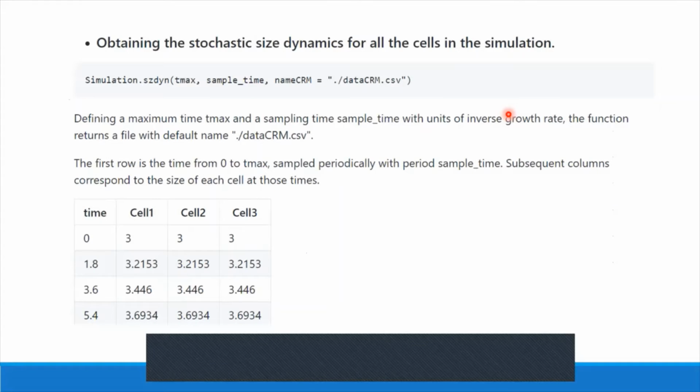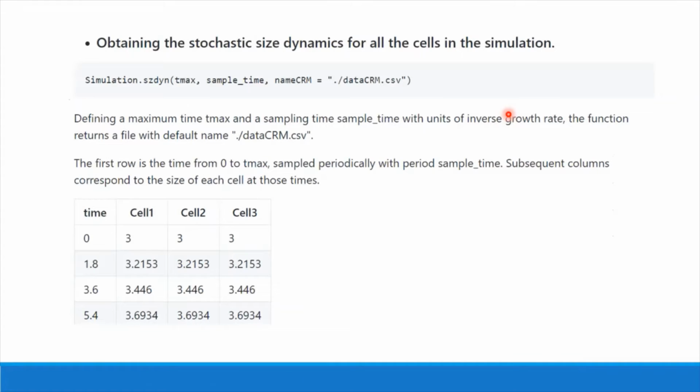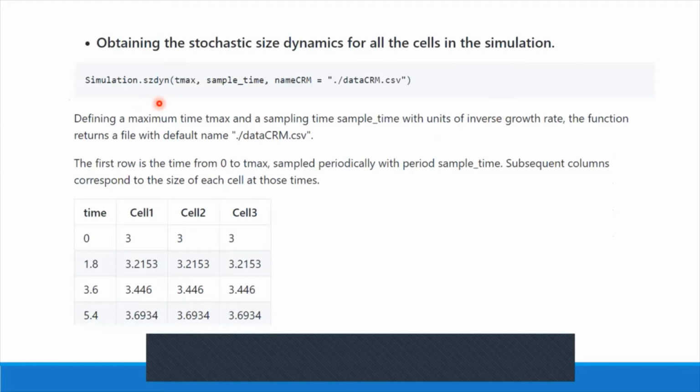The first function we can use is the function SCT that comes from size dynamics. What this function does is to simulate many cells, the number of cells that you define in the simulator, and to generate stochastic trajectories for each cell, just like this.